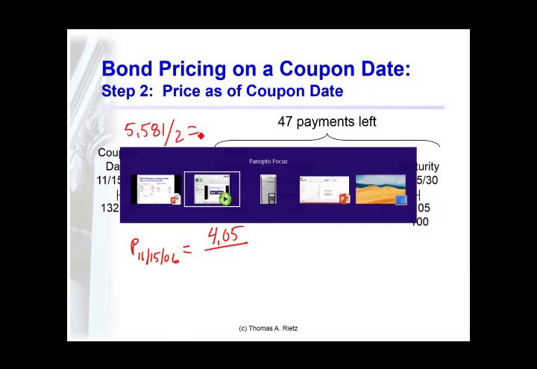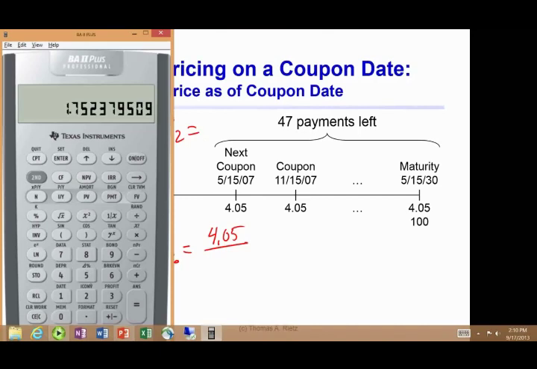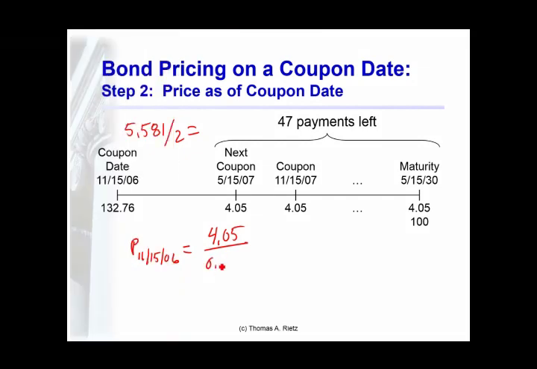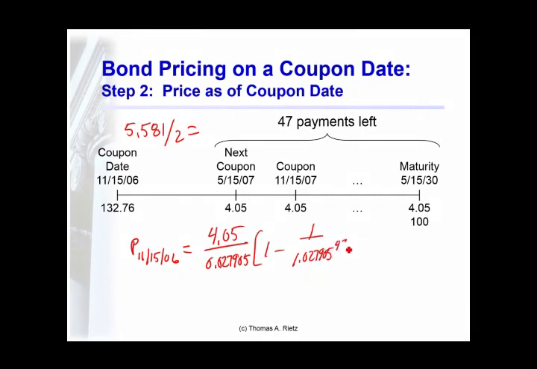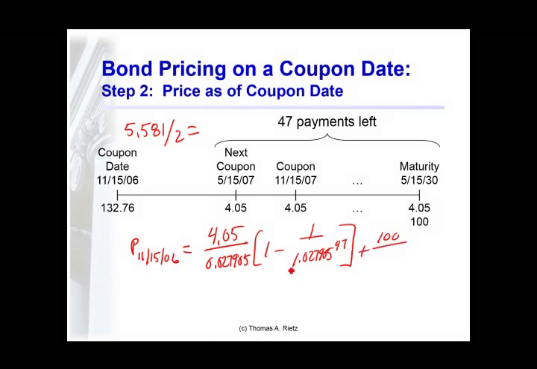What does that give us? 2.7905. So the annuity is 4.05, it lasts for 47 periods. And we get an additional $100 at maturity 47 periods from now.